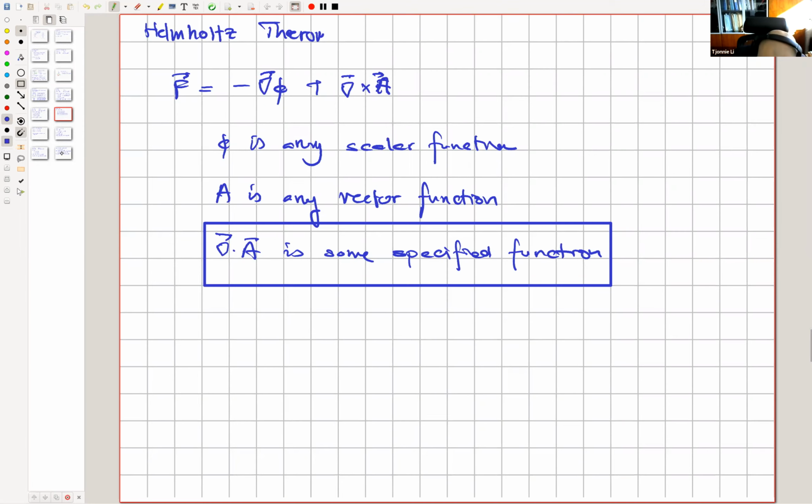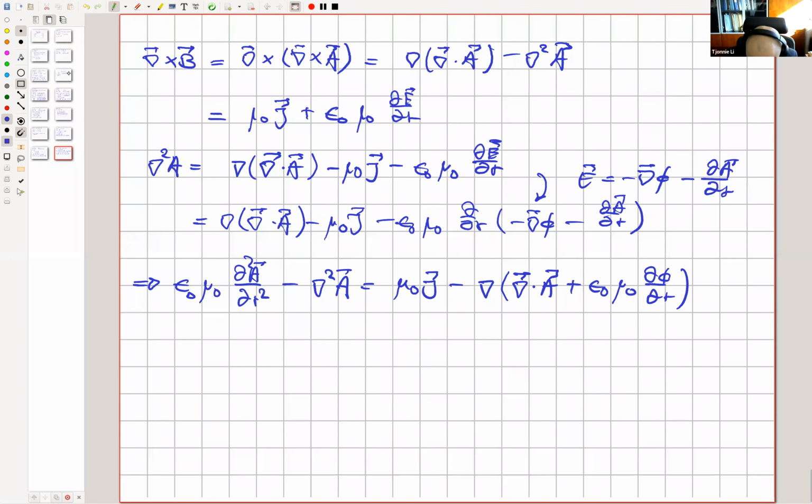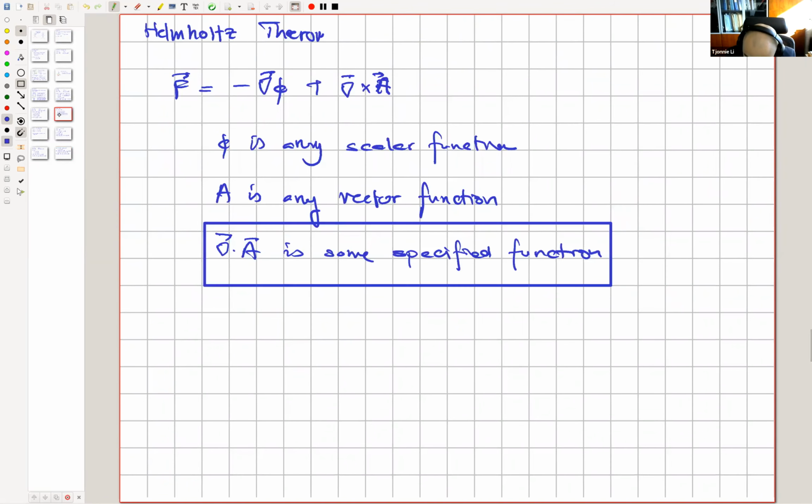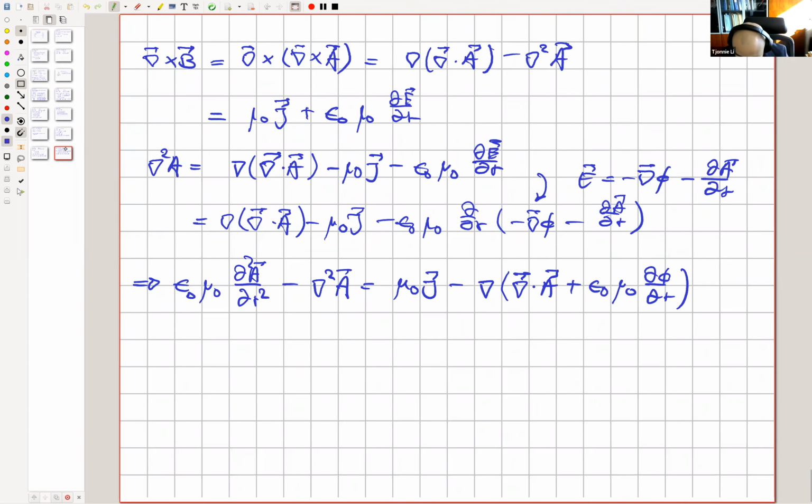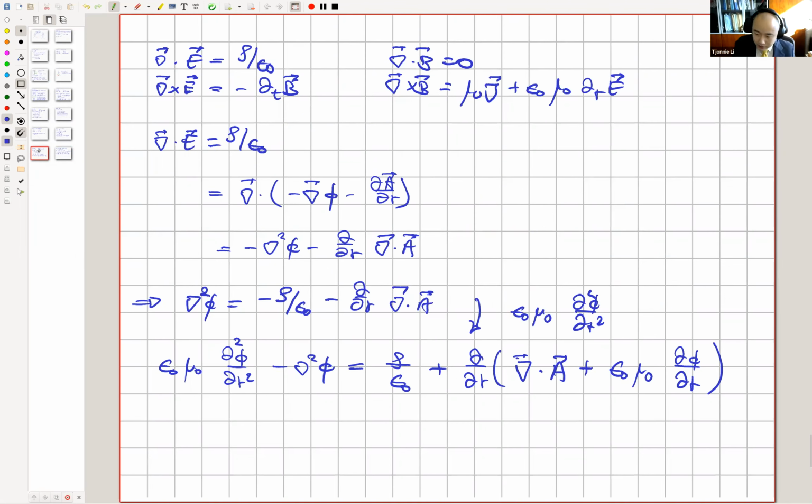We note that this freedom is not spoiled by the time-dependent formalism. The equations are still the same, and our proof for all of this is still the same. And so we can go back here and, at our will, give the divergence of A any form that we wish in order to fully specify the field.